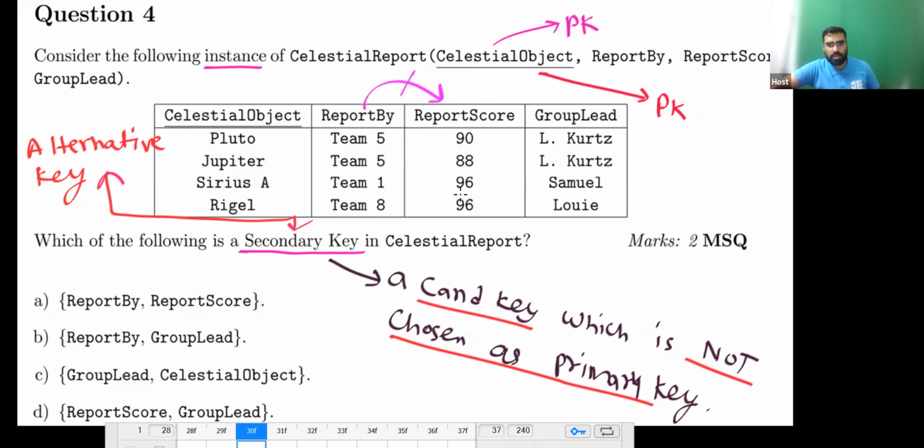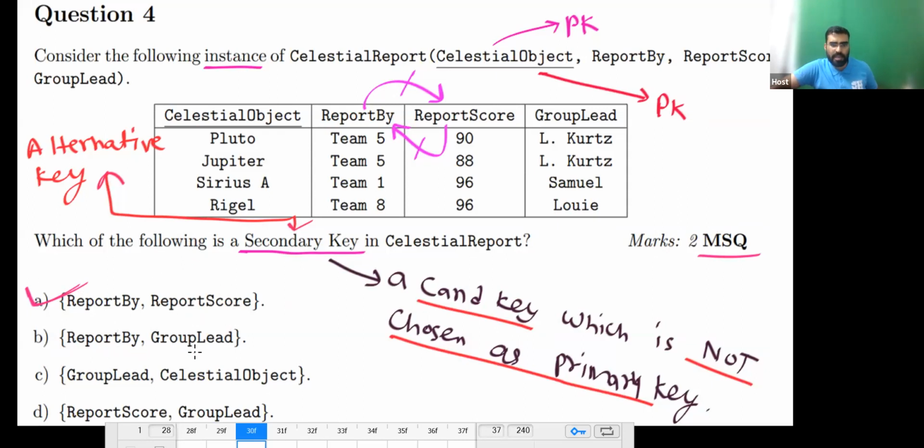So this does not determine this. You can also notice that this does not determine this. So definitely this is an alternative key. Is this clear? This is an MSQ question. So from the instance, definitely this is an alternative key.